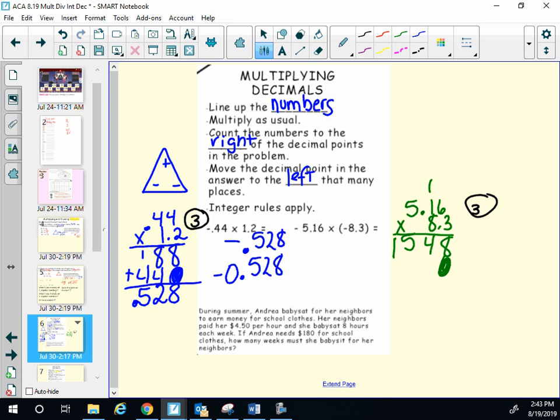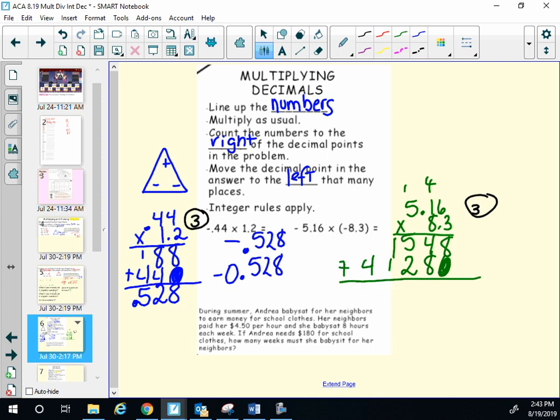And now I'm going to multiply by 8. 8 times 6 is 48. I carry the 4. 8 times 1 is 8 plus the 4, so you got 12. Carry the 1. 8 times 5 plus the 1 is 41. We're done with our multiplying.